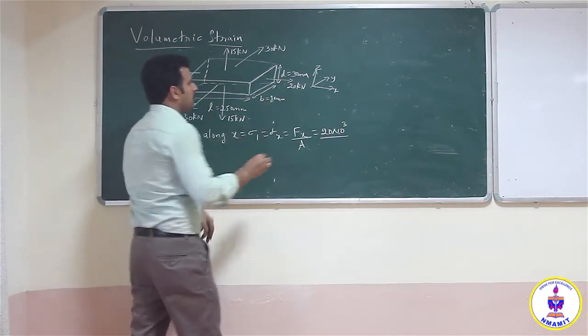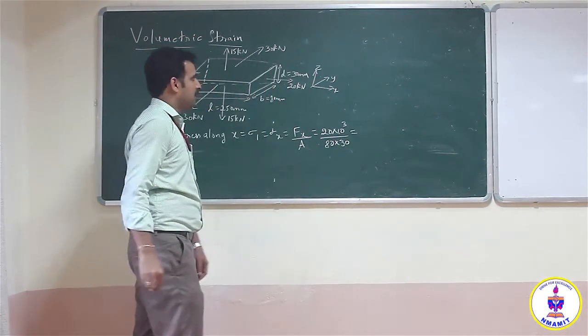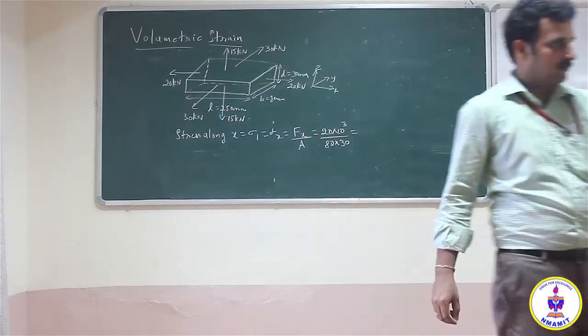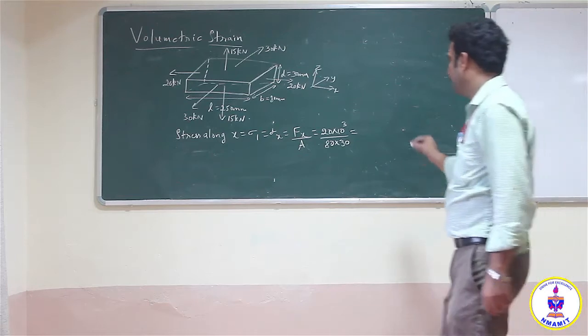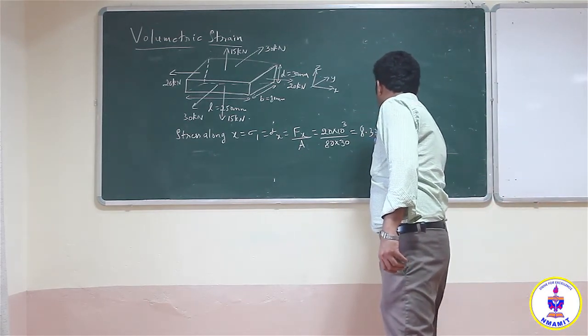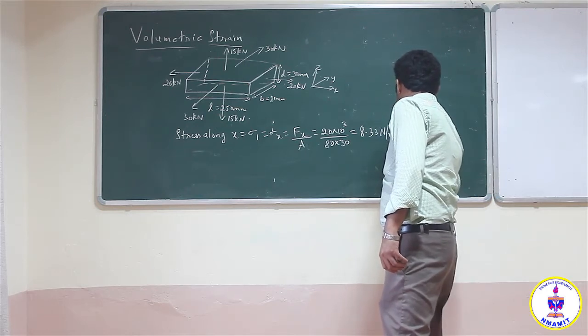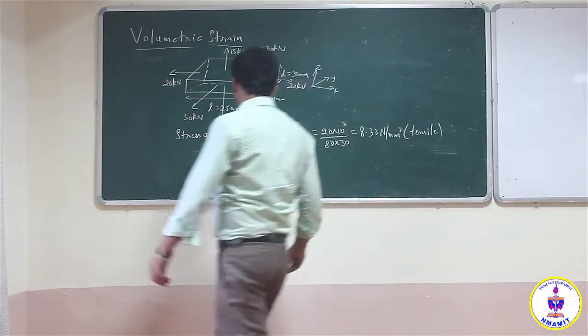That is width into depth. That is 80 into 30. So the value of sigma x is 8.33 Newton per millimeter square, which is tensile.